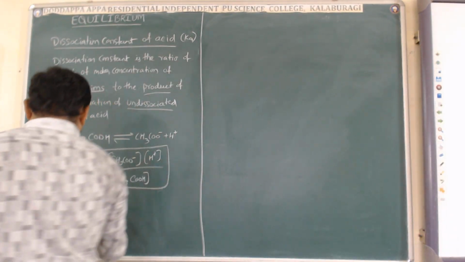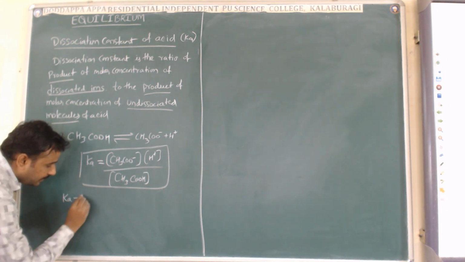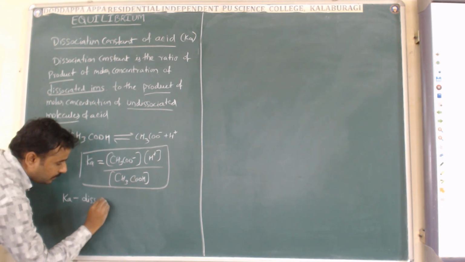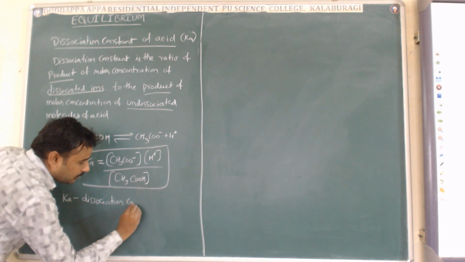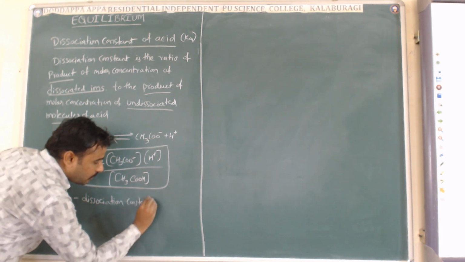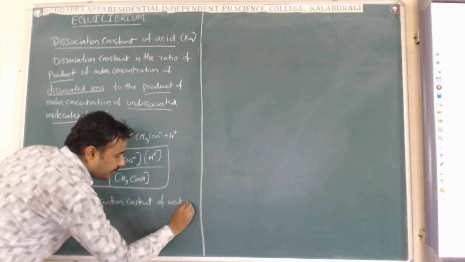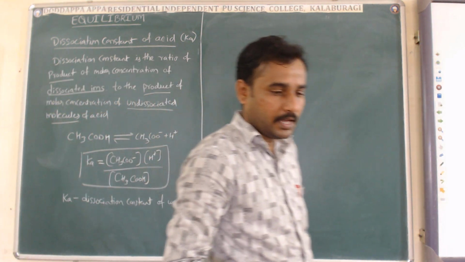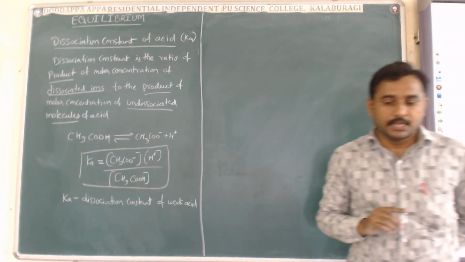It is also called the dissociation constant of weak acid. Ka, the A indicates weak acid.